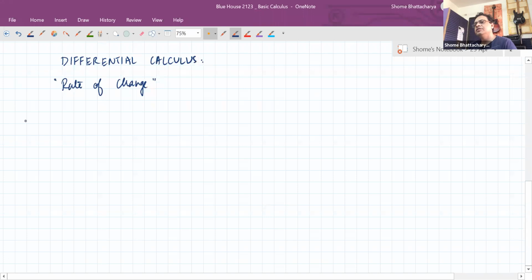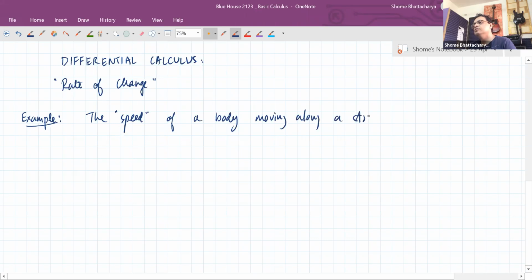So the physical example we will take to understand rate of change is the speed of a body moving along a straight line. Now, can anybody tell me how we define speed?